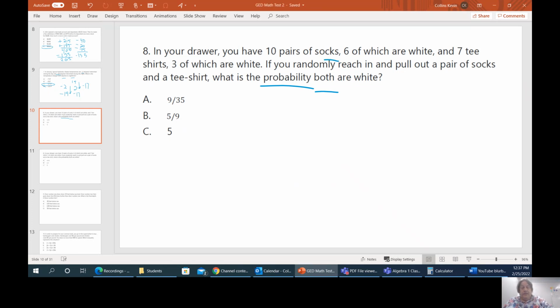All right, so we got 10 pairs of socks. So 10 is the total number that goes in the bottom, 6 of which are white, so there's 6. Okay, and then we're going to multiply that by, in this one we have 7 t-shirts, so 7 goes on the bottom, 3 of which are white. Okay, so all we have to do is multiply straight across. But here's one thing you can do right away: 6 and 10 are both even numbers.